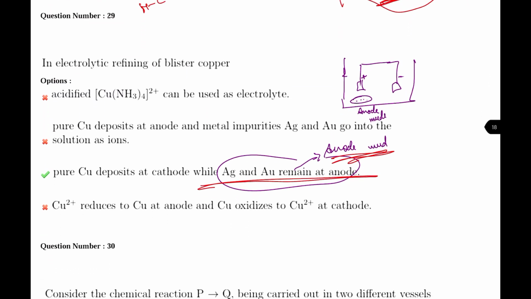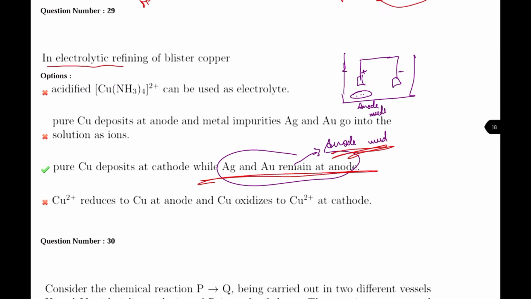Okay, so let us go to the next question. In electrolytic refining of blister copper, the options are acidified Cu(NH3)4 2+, whether this ion can be used as electrolyte or not. Okay, this is the first option. So if you remember the electrolytic refining of blister copper, we have impure copper at the anode, and at the cathode we have a pure strip, and the electrolyte solution is CuSO4 plus H2SO4, acidified.